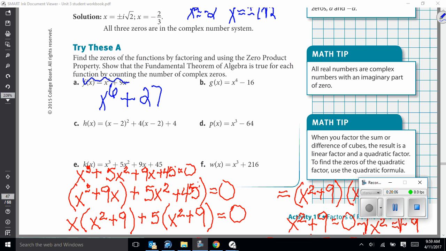So can we cube root x to the 6th? Because we have two groups of 3 in here. So the cube root of x to the 6th would be x squared.